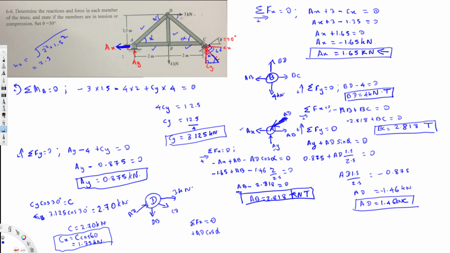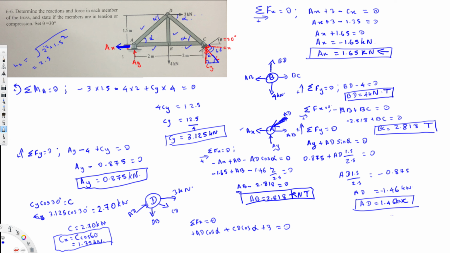Therefore we can say this is CD cos alpha, and that's going to be positive. Then we have 3 kilonewton acting in the positive direction, so it's going to be 3 kilonewton equal to 0.